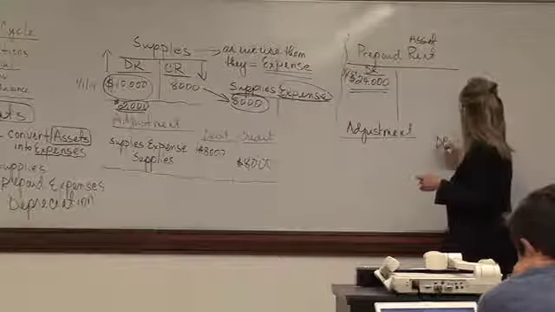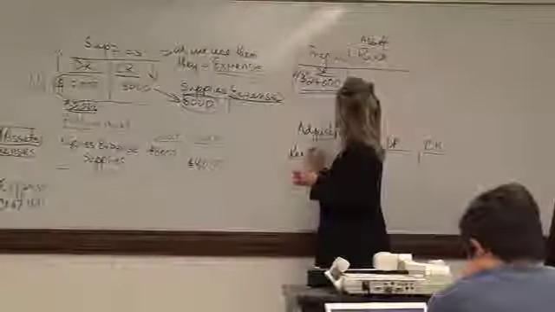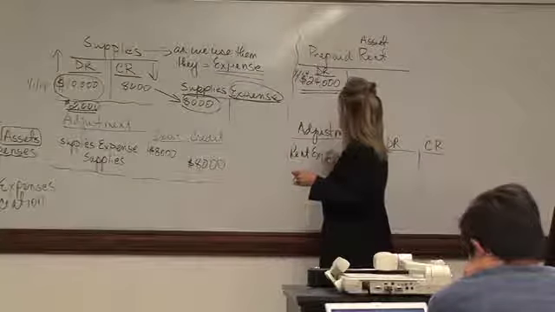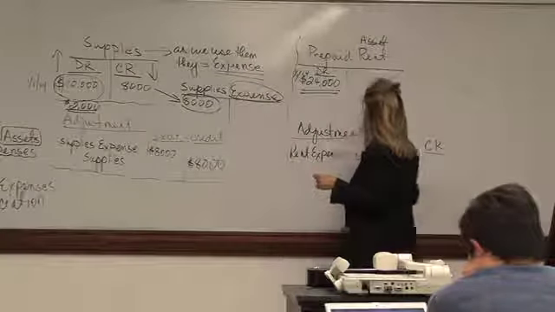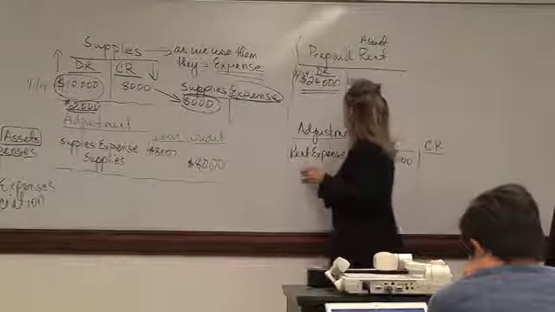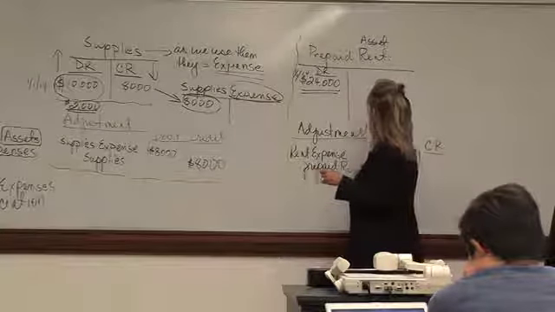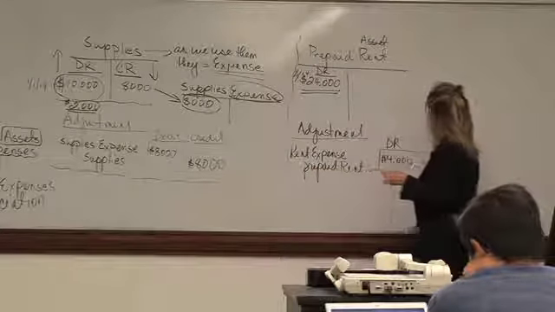Again, we always go to the journal. And our entry would be a debit to rent expense every month, $4,000. And we're going to credit the asset prepaid rent, $4,000.